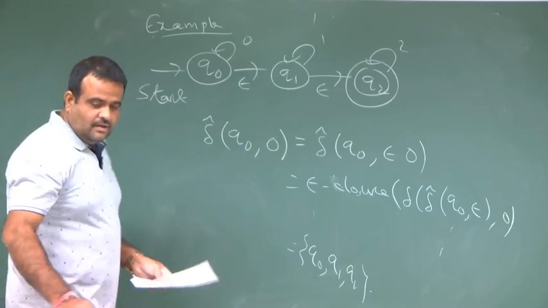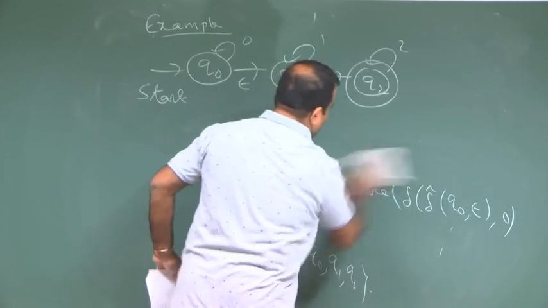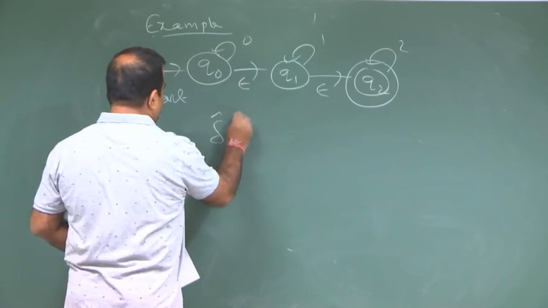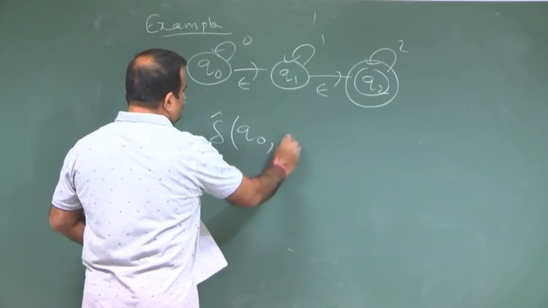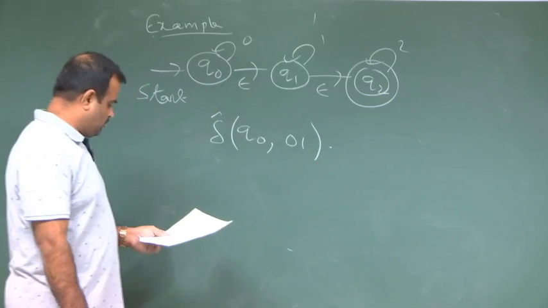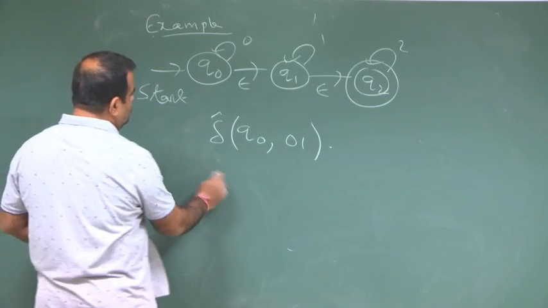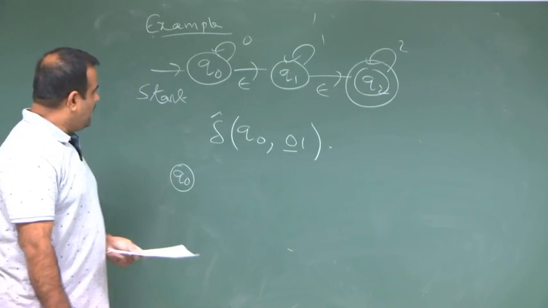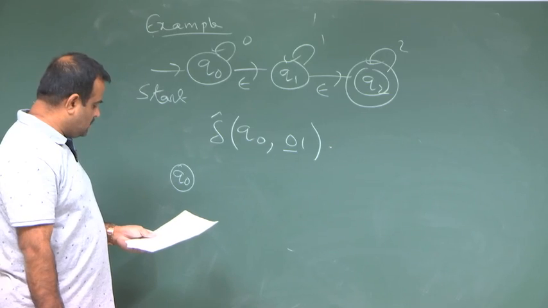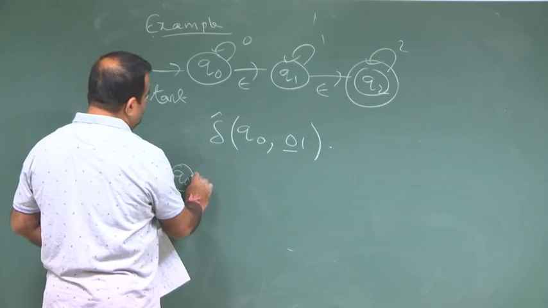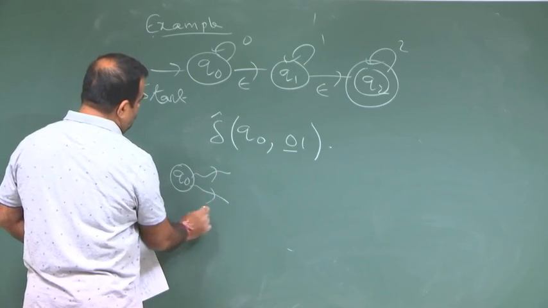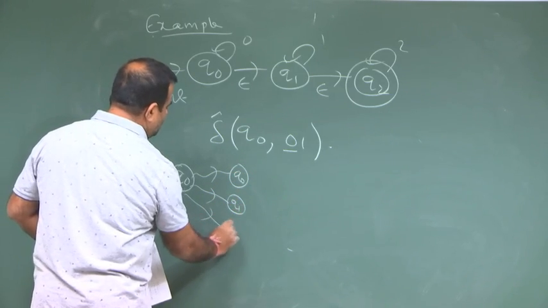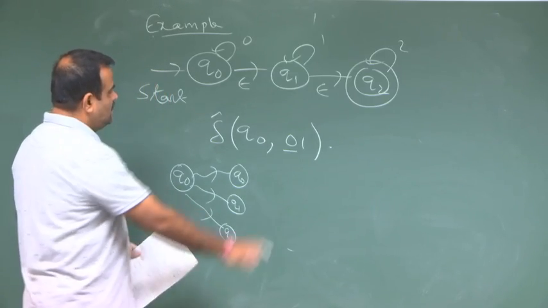Okay. Similarly, if we want to find out delta hat of q0 0 1. By definition we are at q0. We first apply all the epsilon moves, the epsilon closure of this. So, we will go to q0, q1, q2, then we can use this 0.